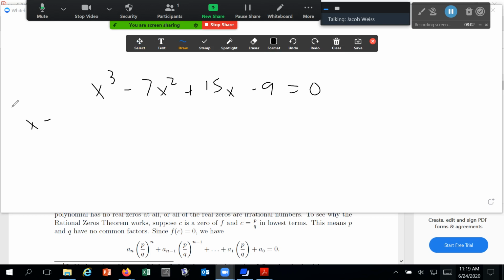We know that x equals 1 is a solution. Therefore, what does that mean? Well, one of the properties of a solution to a polynomial equation like this means that x minus that number is a factor.